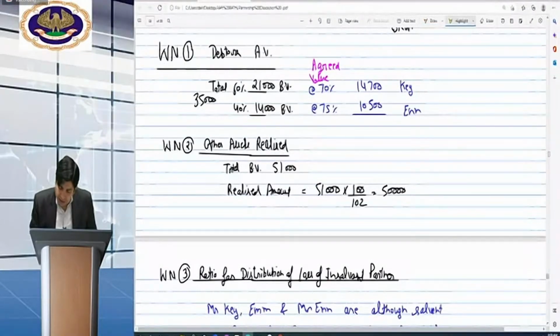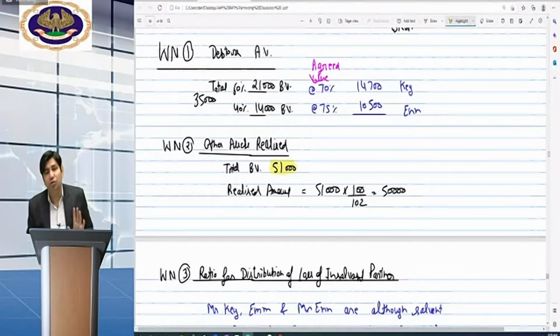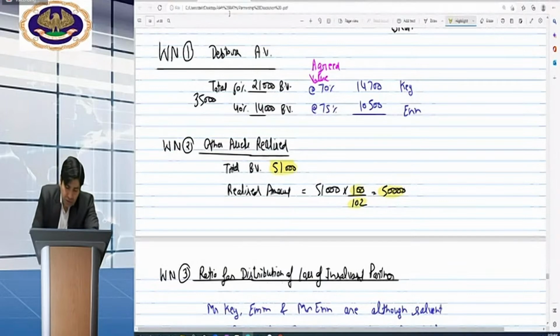Since the loss is 2% of net, it means the total is 102. Out of 102, 100 is being realized. Only then can we say that 2% of net collection is loss. Okay, beta? It means the total collected amount is how much? That is 50,000.